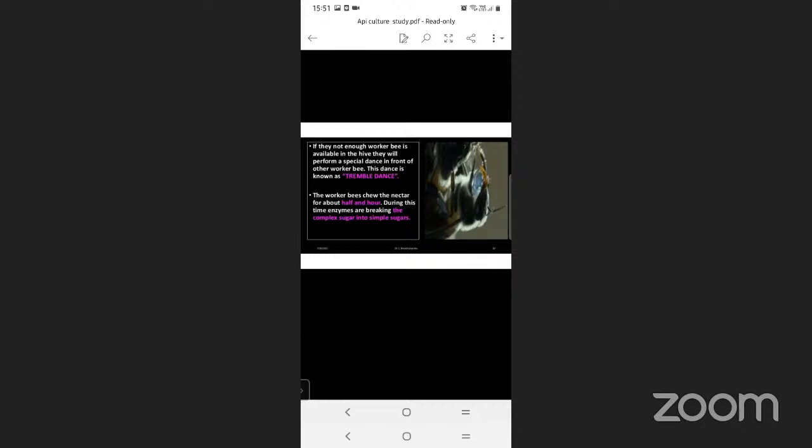Coming to the bee colony, page number 315, the queen bee is called the mother of the colony. Whatever I said is given, and the royal jelly is the feed of that particular queen bee.